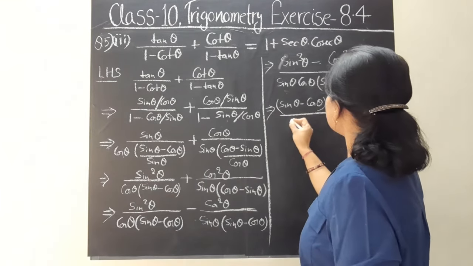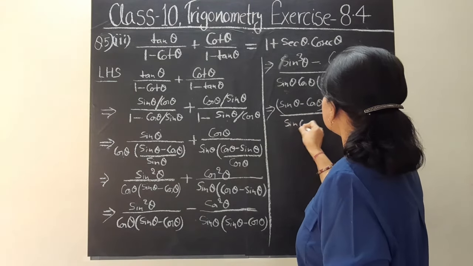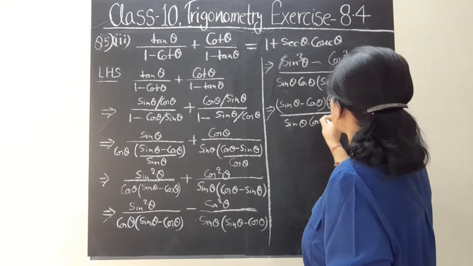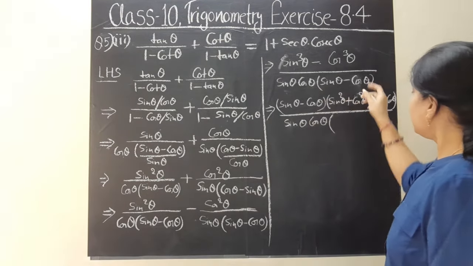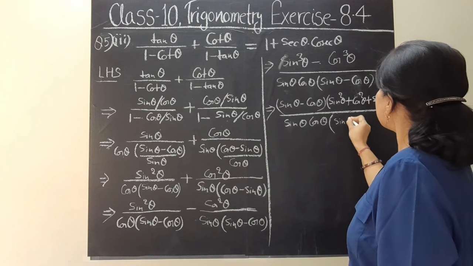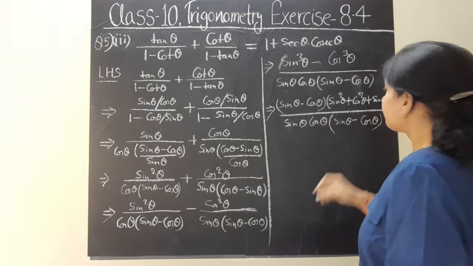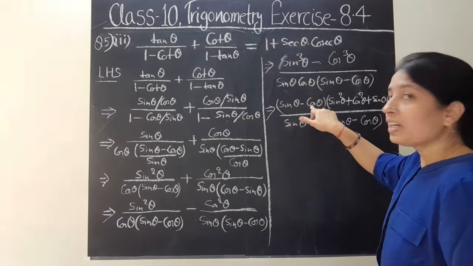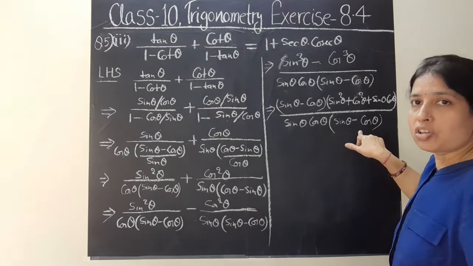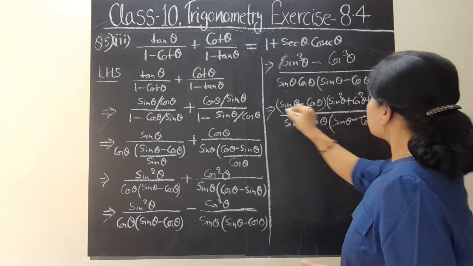It is divided by sin theta into cos theta and sin theta minus cos theta. Here there is sin theta and cos theta, here also sin theta and cos theta. So you can cut this.